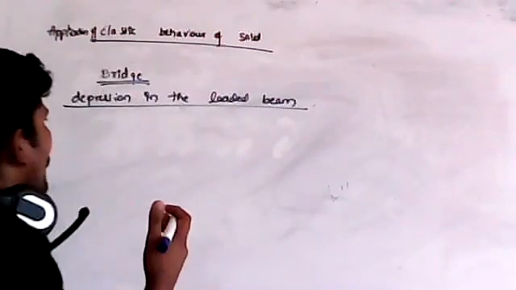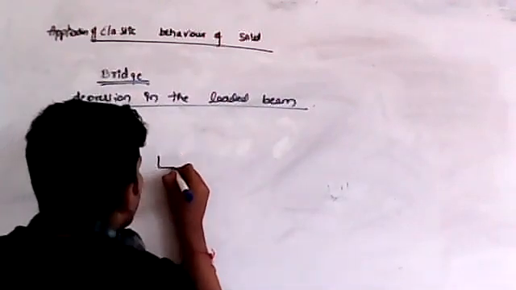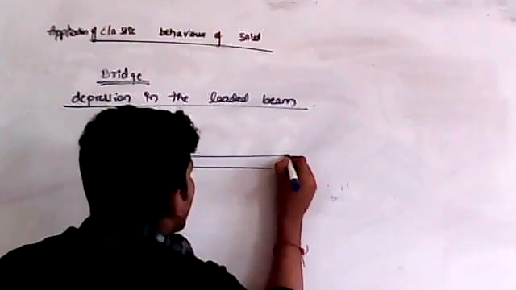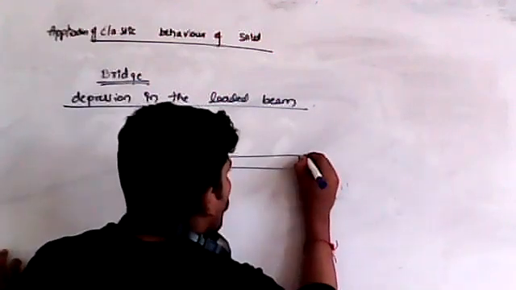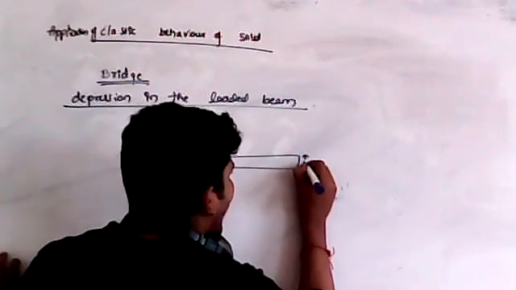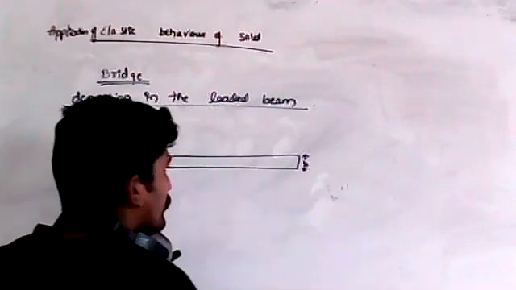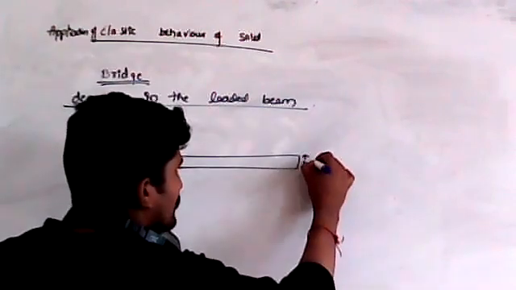So for example, let us consider one beam. Just try to understand. One beam is there. It has its own breadth and thickness. B means this is the breadth.